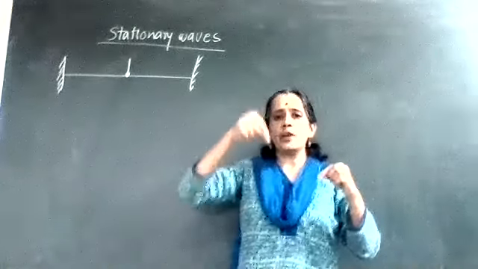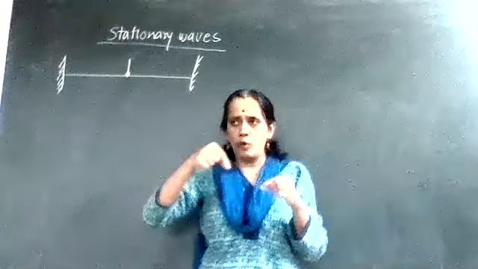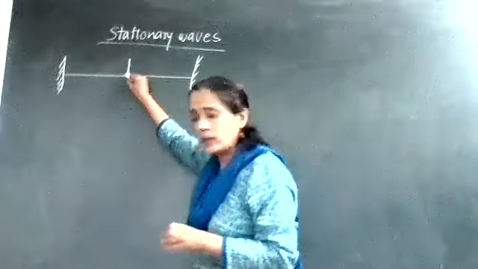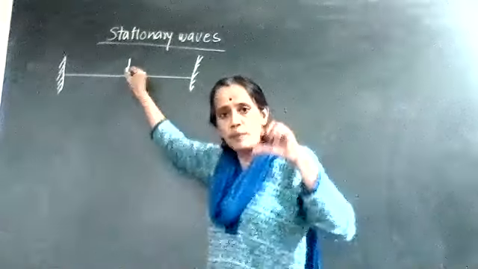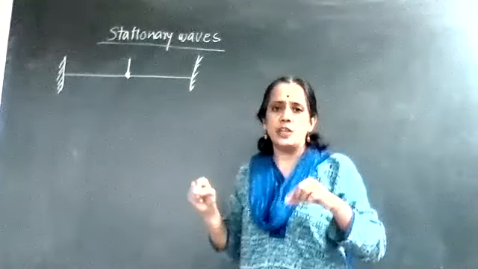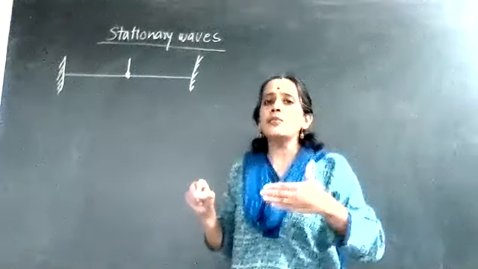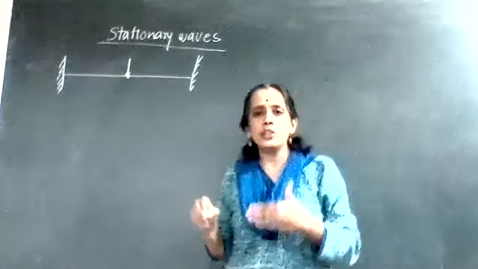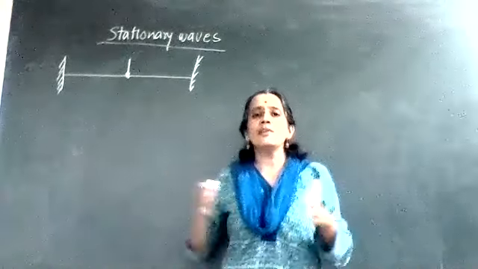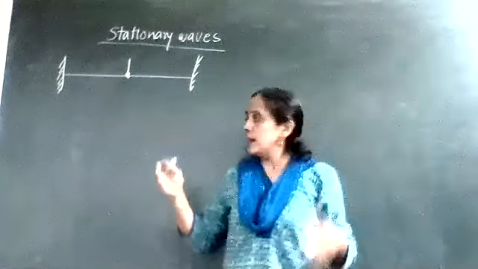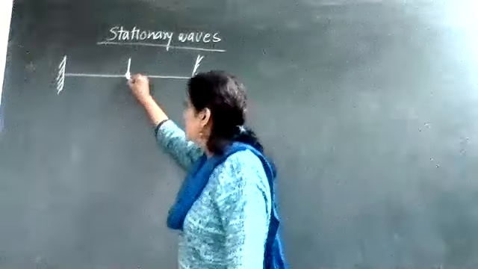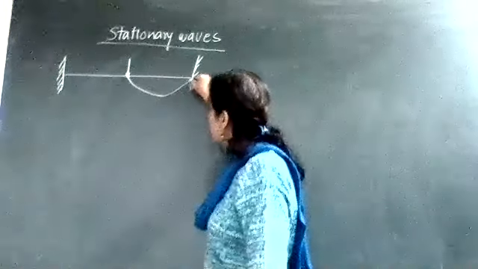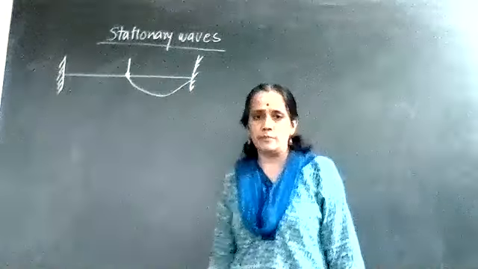When the string receives that potential energy, it starts vibrating. And along the string, when vibration takes place, a transverse wave gets set up. So at the plucking point, suppose the crest part of the transverse wave gets set up on the string.